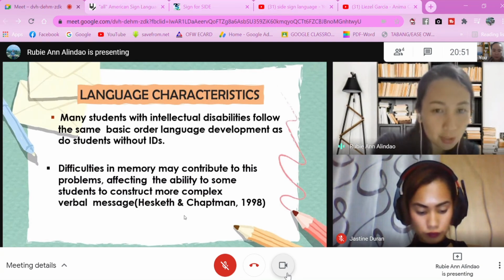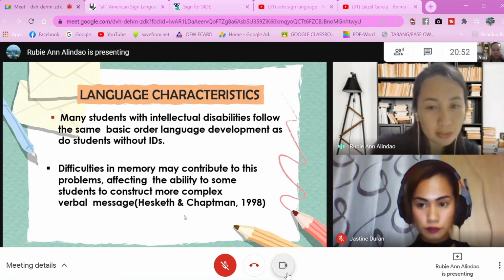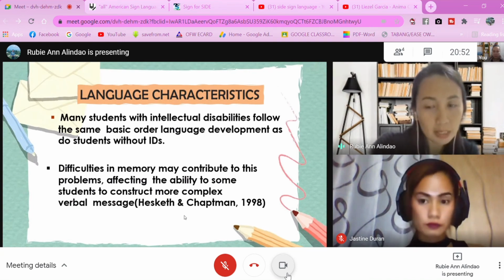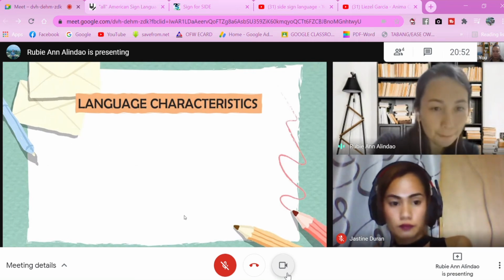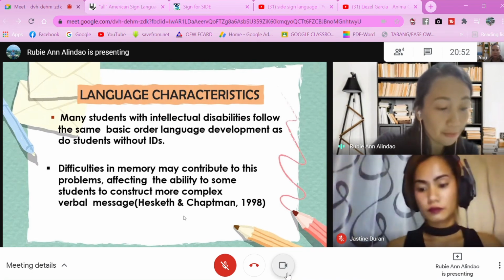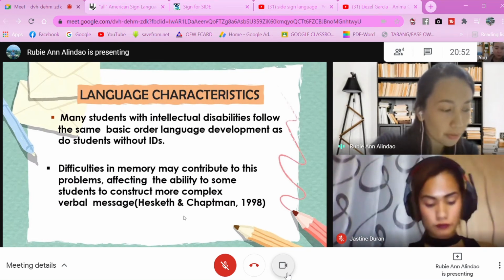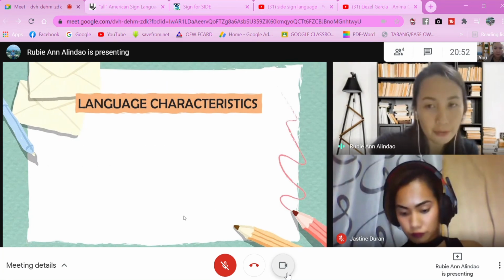Next, difficulties in memory may contribute to these problems, affecting the ability of some students to construct more complex verbal messages, according to Hesketh and Chapman, 1998. An example is a child who may not adequately remember the events of 2 days ago to be able to tell others what was occurring at that time in the proper order and without omission of events.